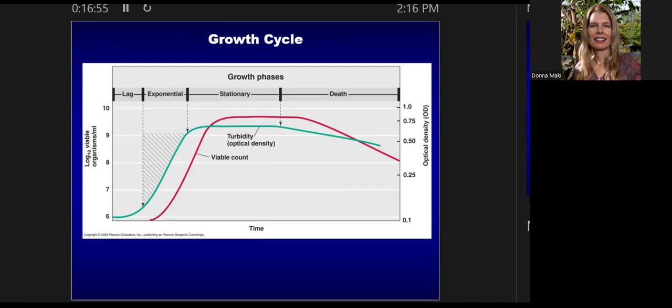And most of the time, what you do is you take a sample out and you serially dilute it and you spread plates, like what you've done in lab. Do you remember the magic range of colonies you're looking for to do accurate counts? 30. Yeah, 30 to 300. So that's where the viable count data is coming from, that spread plate dilution scheme that you've done in class.